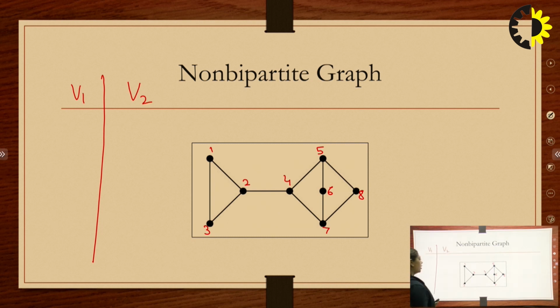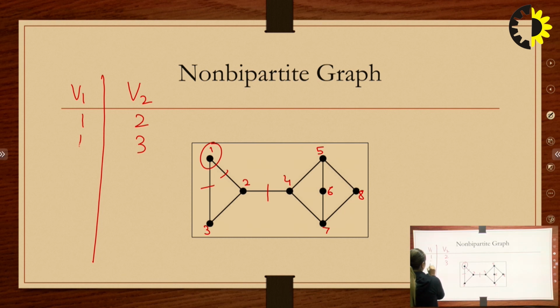Let's start with one vertex. Let's take this edge: if we keep 1 in this set, then 2 should be in the other set. Let's take this edge: 1 is in this, then 3 should be in the other.